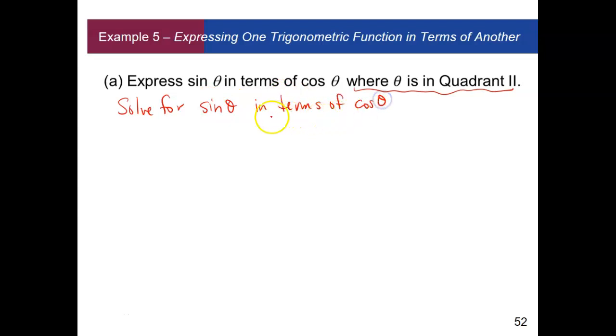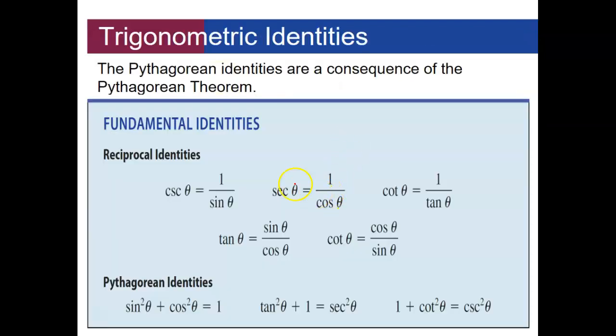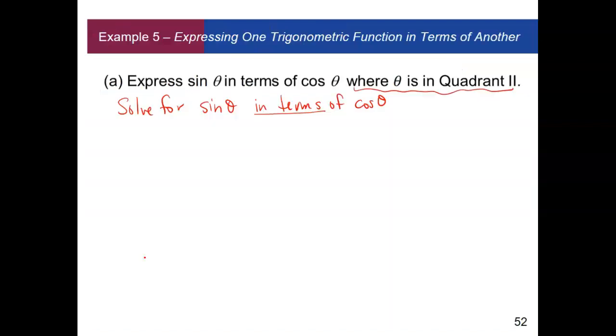When I'm solving it in terms of cosine, the only trig function I want to have left is cosine. So the expression, if we look back here, that actually relates both sine and cosine together is this Pythagorean identity. So that's what I'm going to start with here.